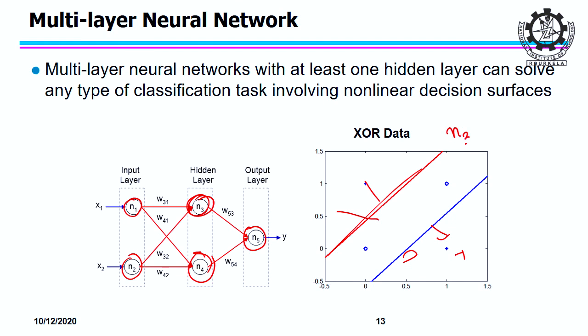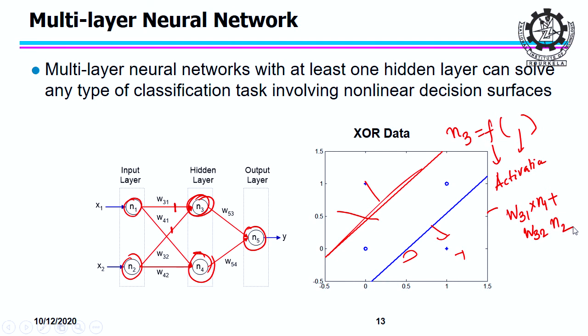It is nothing but some function, the activation function, and inside it is a summation over the inputs. The inputs are coming from node n 1 and n 2 with weights, so the summation is W 31 into n 1 plus W 32 into n 2.